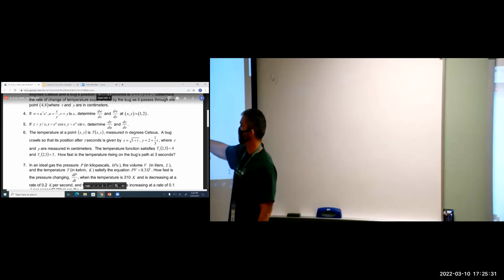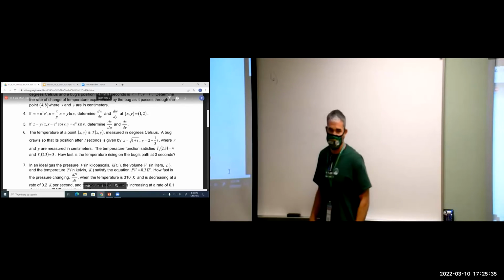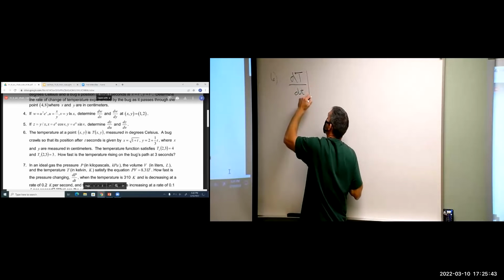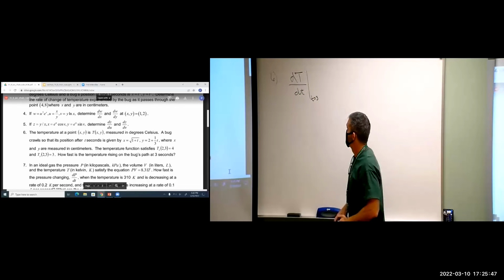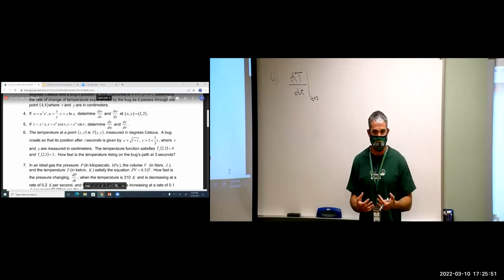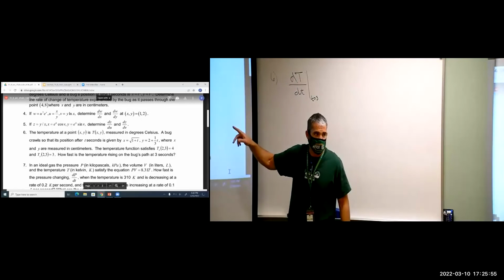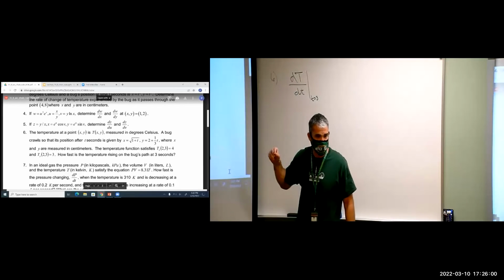So we now want how fast the temperature is rising on the bug's path at 3 seconds. So what we're looking for is the change in temperature with respect to a change in time when t equals 3. So this should spark chain rule, because capital T is in terms of x and y, but x and y are in terms of little t.